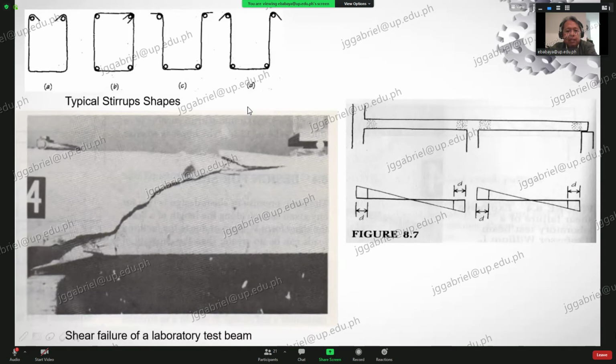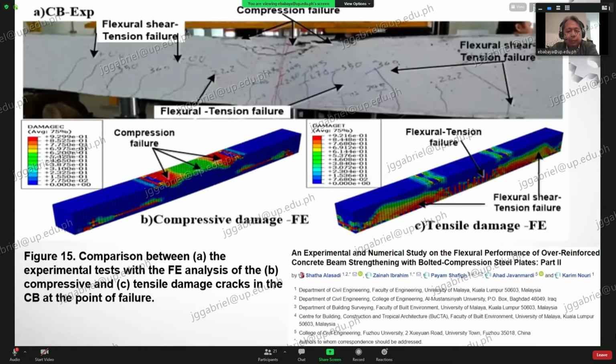Okay. Now, if we will look at a beam which is loaded with vertical forces, these are the cracks na ma-observe.